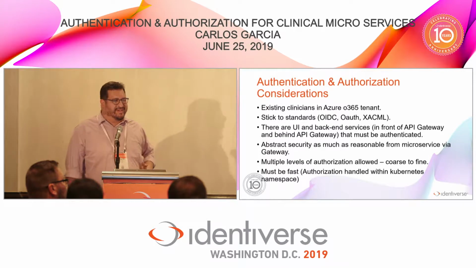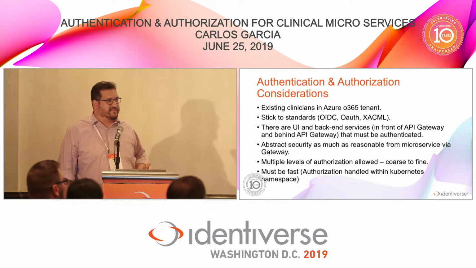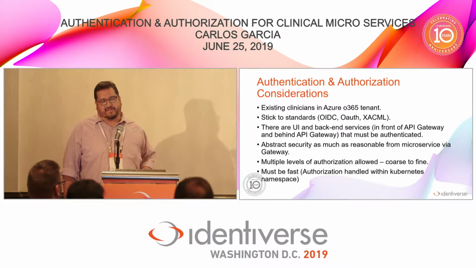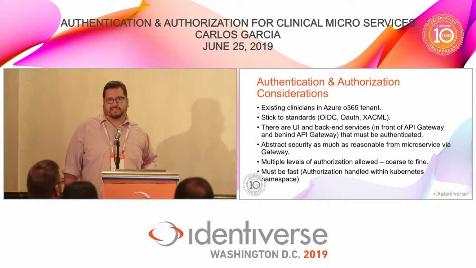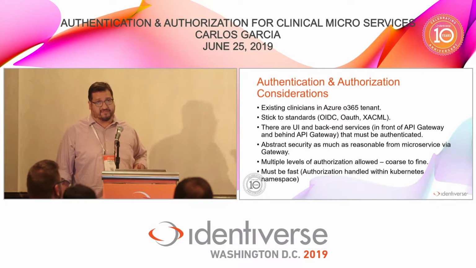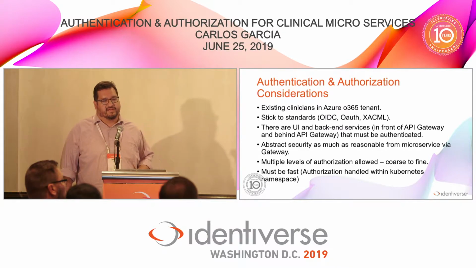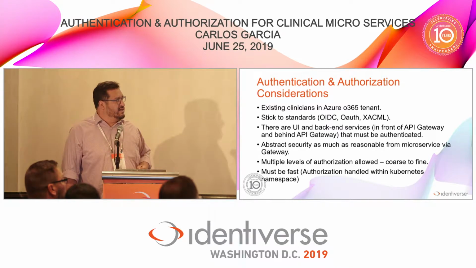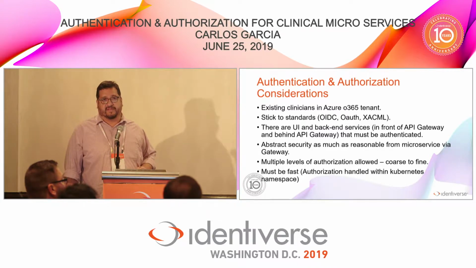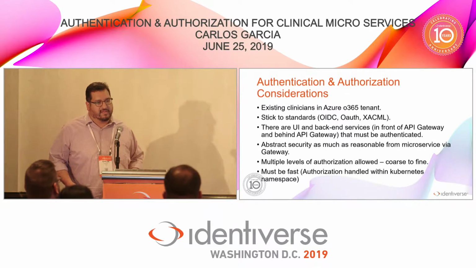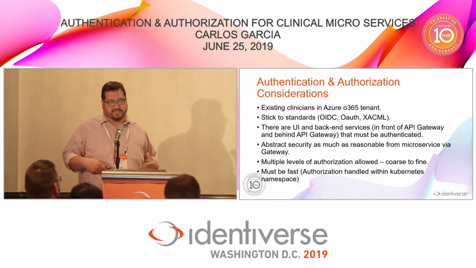The notion was to abstract the security from the microservice layer as much as possible, so that developers are focused on building their applications and the value of them, and not worrying about each application development team doing something slightly different and expanding the scope of making sure they're following the best OAuth implementation practices. It's not to say there wouldn't be a case where we would implement security at a more granular level down at the microservice, but as a general rule, our approach was to abstract as much of it as possible.